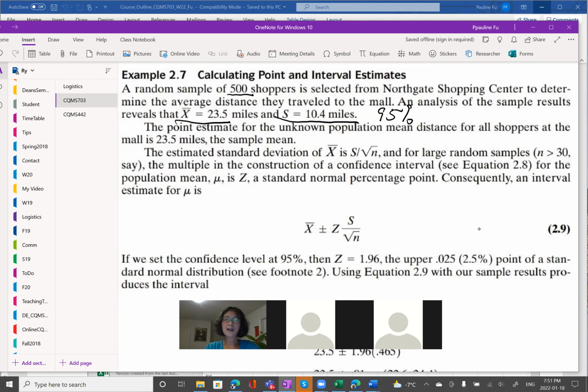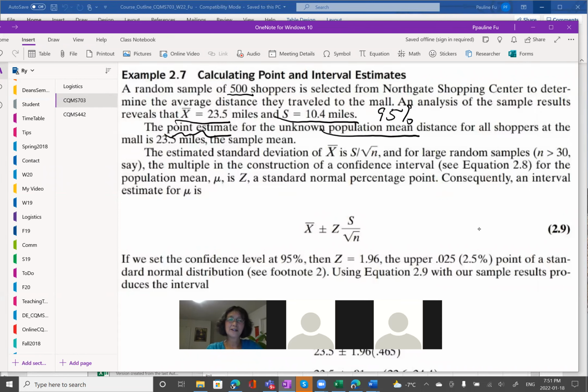So what you are asked to do, based on the sample data, estimate the population mean distance for all shoppers, because it is population, so it refers to all shoppers, in two formats. One, point estimate.